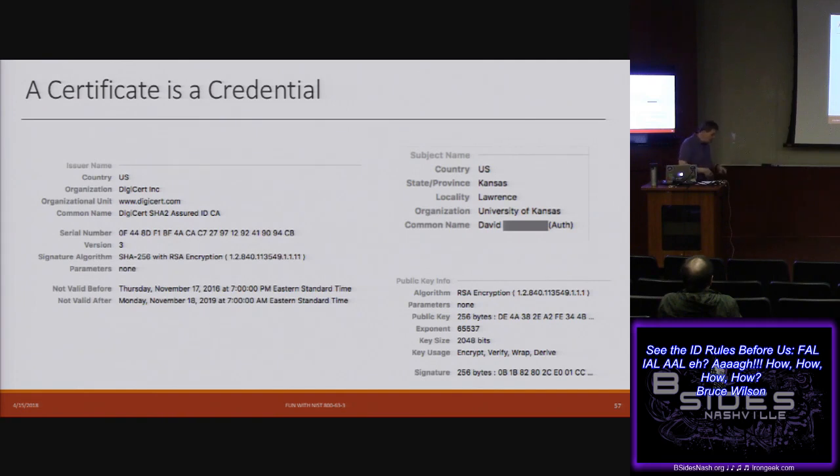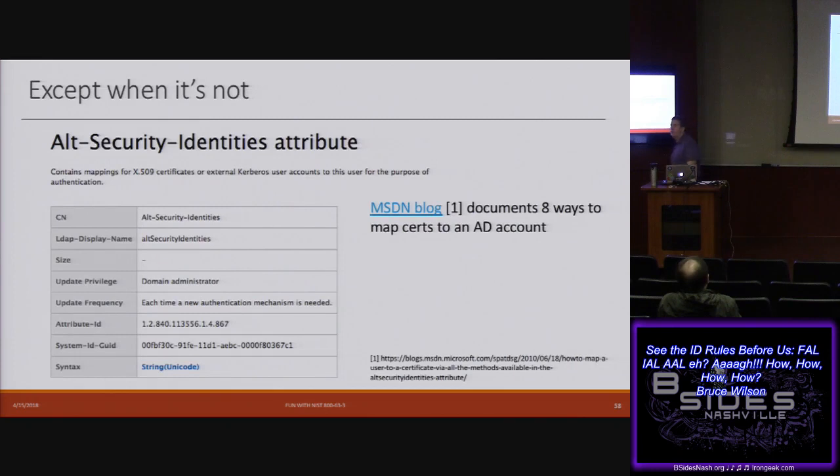And so most people are moving to this idea of we're going to use smart cards to log into Windows. And so the certificate is the credential, except when it's not. By the way, there are 8 different ways that you can use a smart card for authentication into a Windows domain. That Microsoft blog article talks a lot about it.